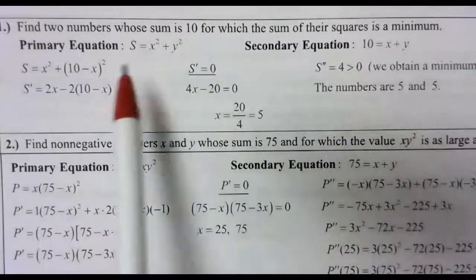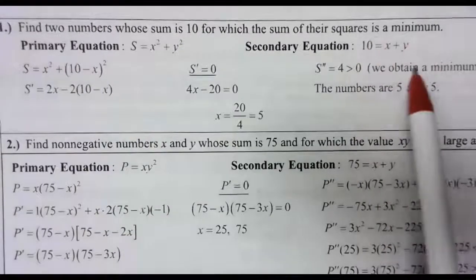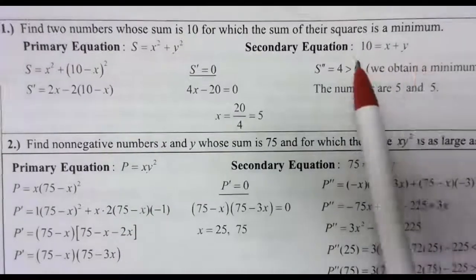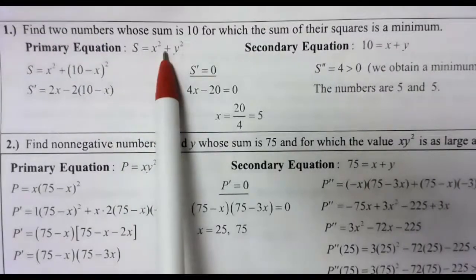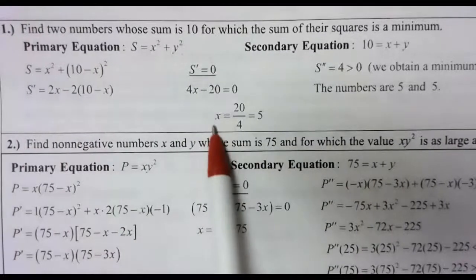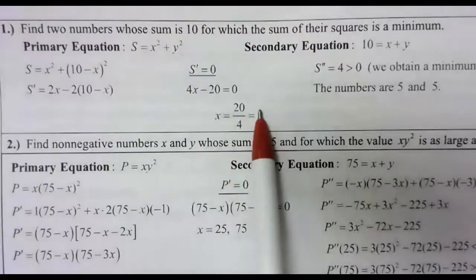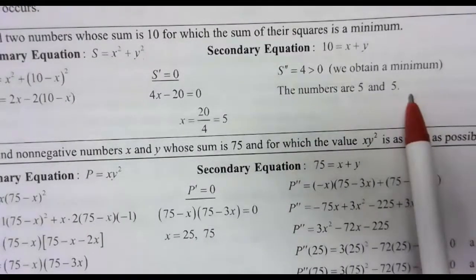And then we had two numbers being added together had to equal 10. So that was my x plus y equals 10. So you substituted this into that, found your derivative. We got x equals 5. Therefore, both numbers were 5.